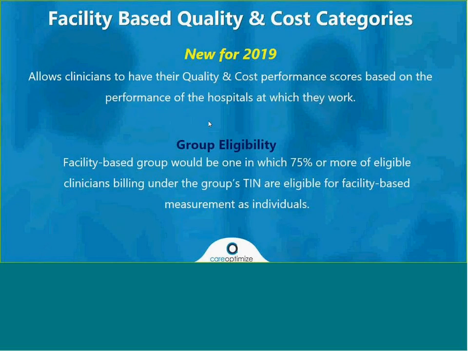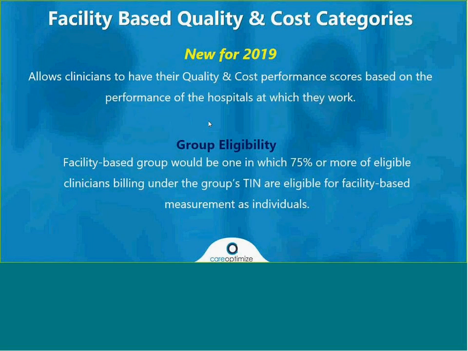Okay, so the facility-based quality and cost categories. This is probably something you haven't heard of. This is new, and this is a very interesting option that CMS is allowing. So the gist is that if you have providers who do their work in a hospital setting, they could be allowed, if they meet thresholds, to have both their cost and their quality performance scores, instead of just based on them, based on the performance of the hospital where they are performing those services.